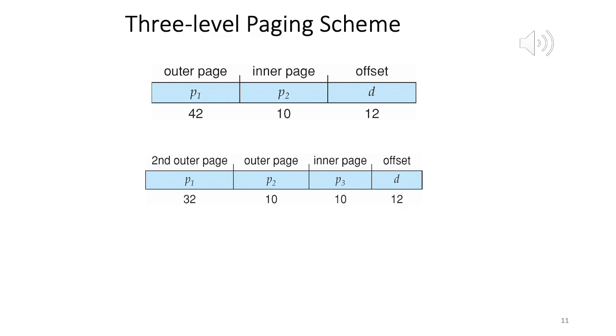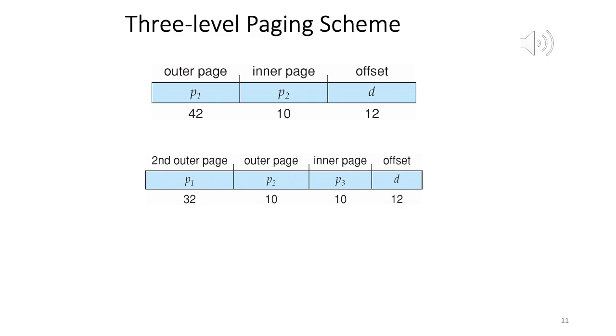So we clearly see the problem here. With a 64-bit address and 2-level paging, the outer page itself will be quite huge, 42 bits, which means 2 raised to 42 entries.